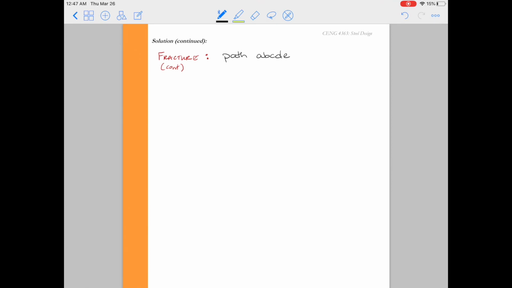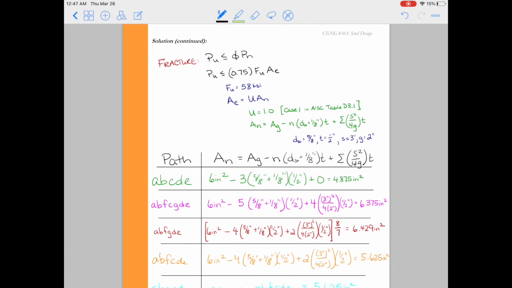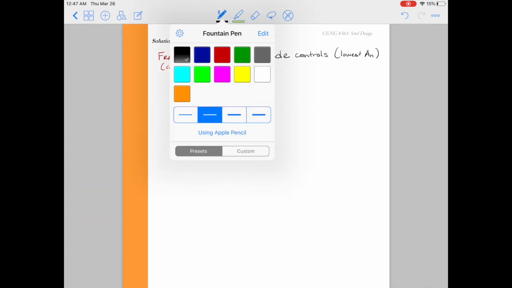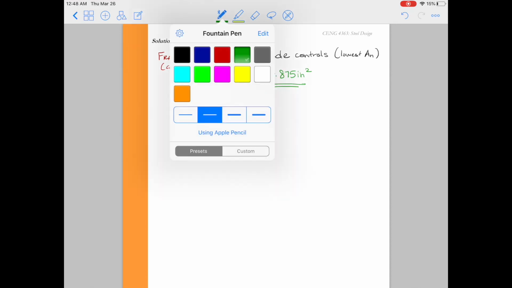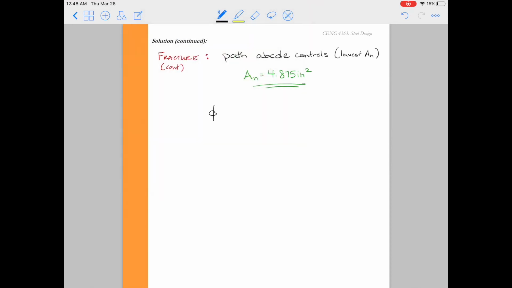And as I just stated, path ABCDE controls the design for fracture, with a net section area of 4.875 inches squared. So we'll set up our design equation.